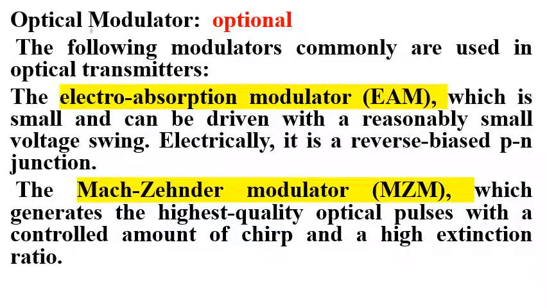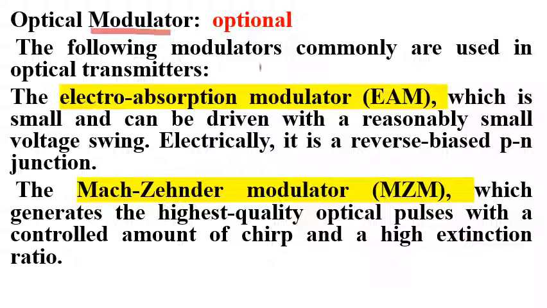Then we have the optical modulators. These are optional because the light source itself provides direct intensity modulation of the modulating signal. But in case if the light source provides constant beam of light, then we use external modulator to change the light intensity in accordance to the modulating signals.